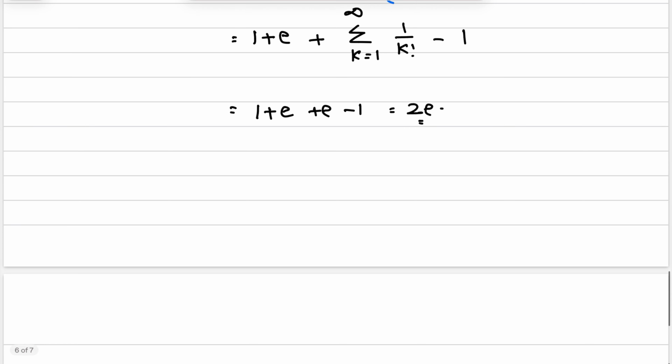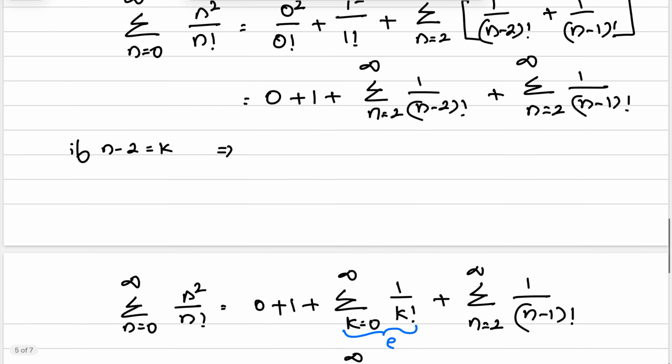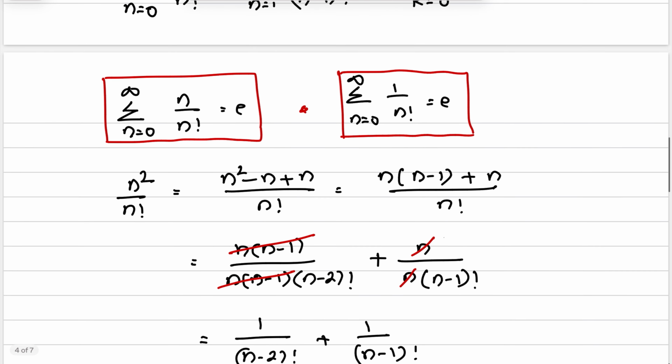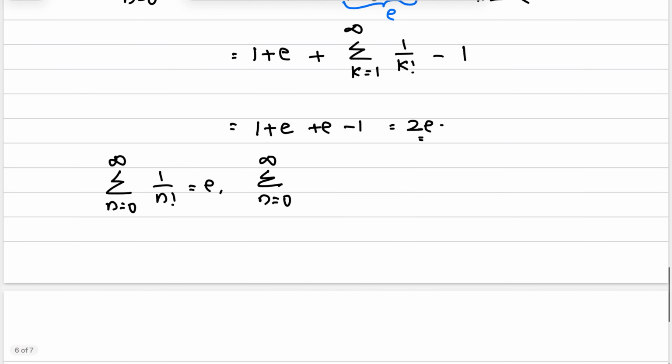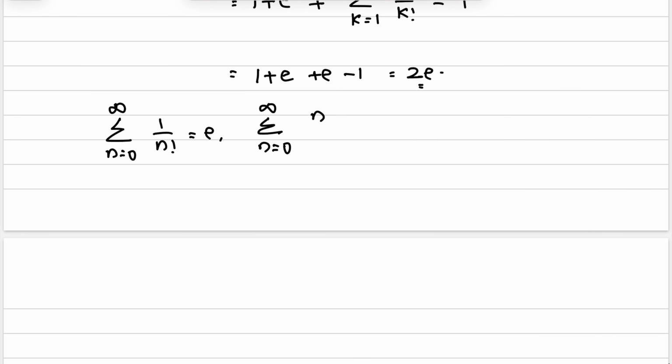Now, what are the values we have got? Sigma n is equal to 0 to infinity 1 by factorial n is equal to e. Sigma n is equal to 0 to infinity n by factorial n is equal to e, and sigma n is equal to 0 to infinity n square by factorial n is equal to 2e.